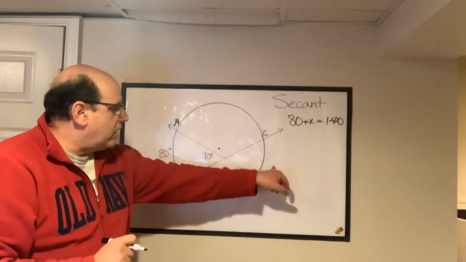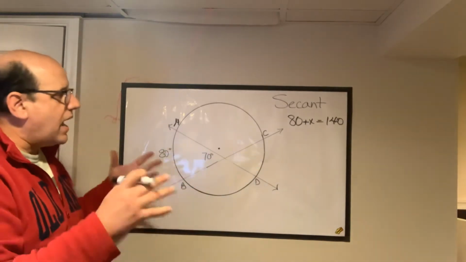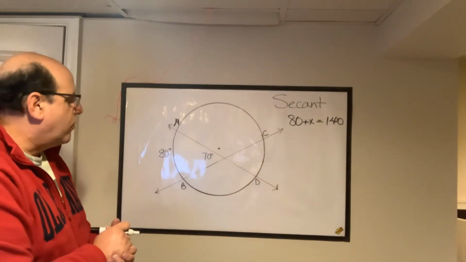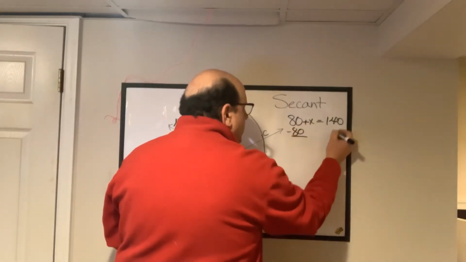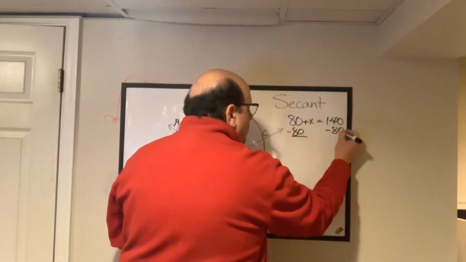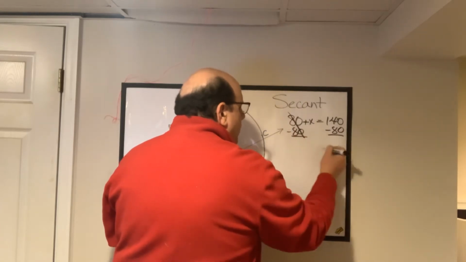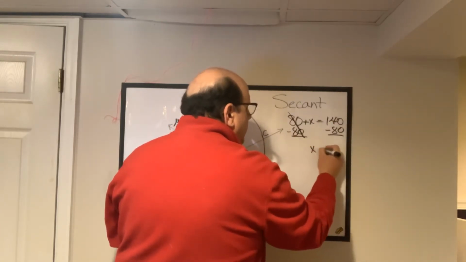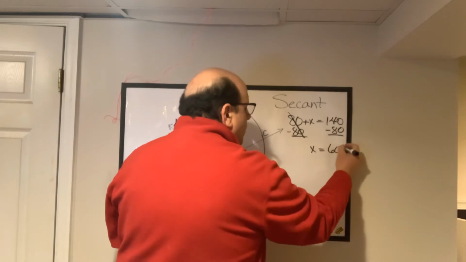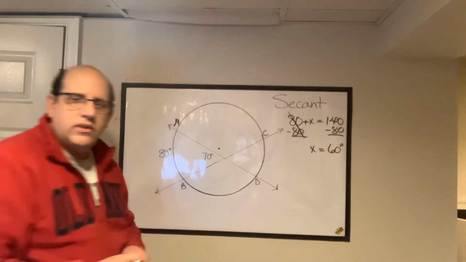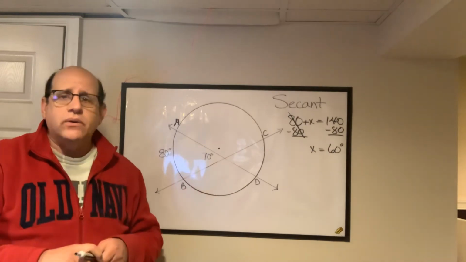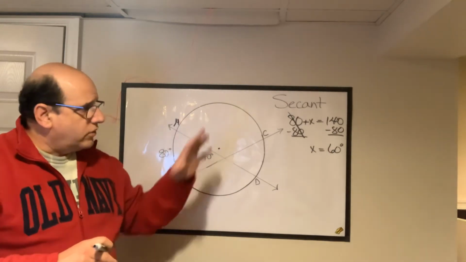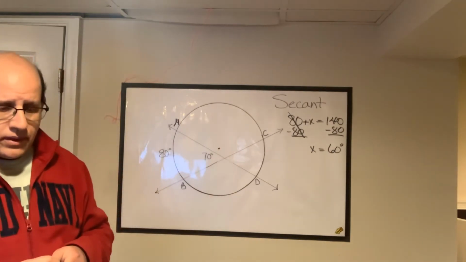So I can say, oh, well, the sum of these two things has to equal 140. And that's so much easier than doing all of that heavy lifting. We do come up with our 60. All right, so there are two ways to do it. You can reason it out, or you can solve the algebraic equation.